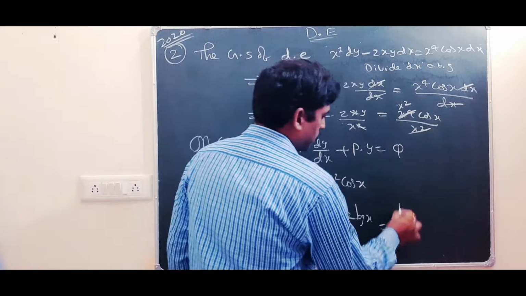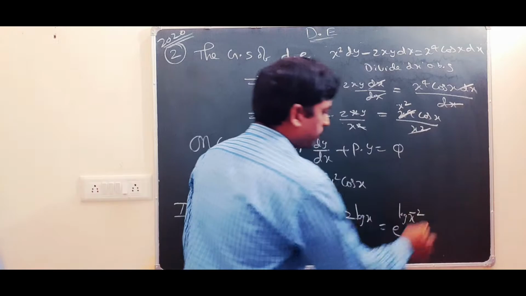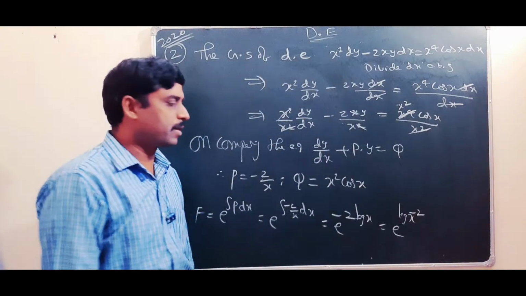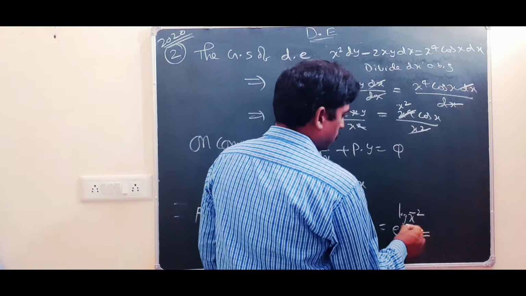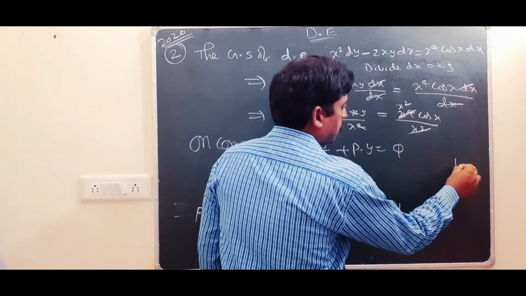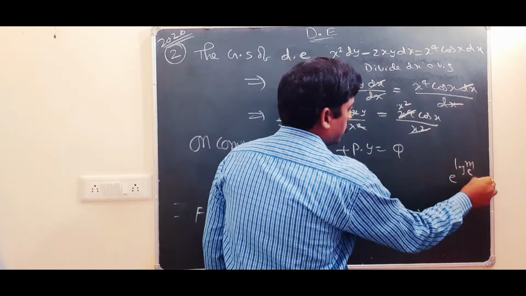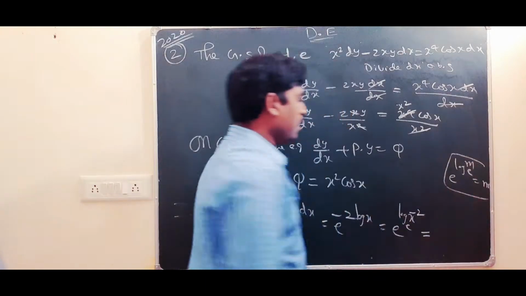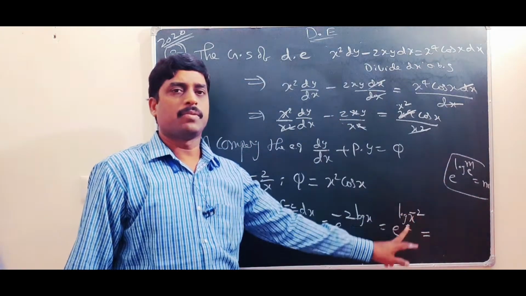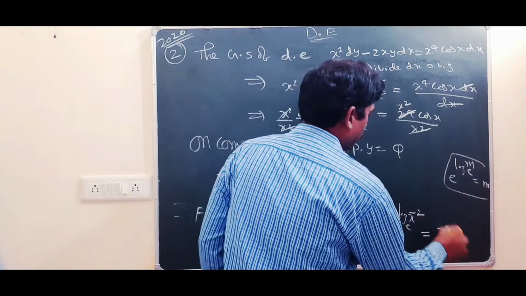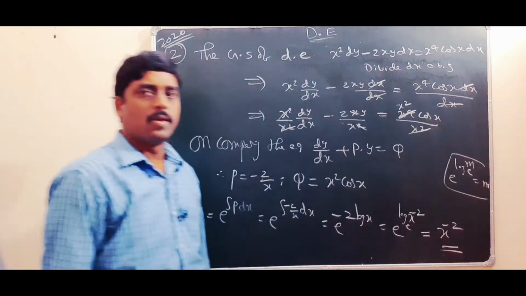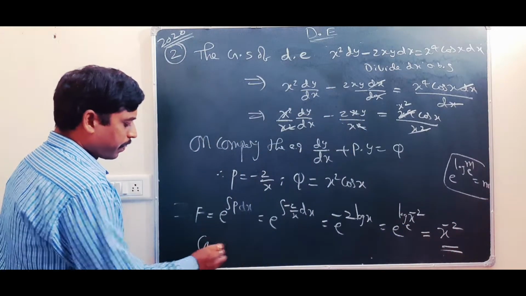Minus 2 log x is nothing but log x to the power minus 2. We have one formula: e to the power log m base e is equal to m. So e to the power log x to the power minus 2 is nothing but x to the power minus 2.